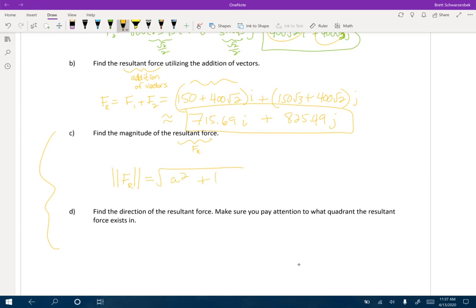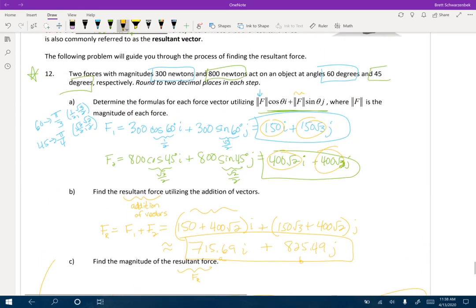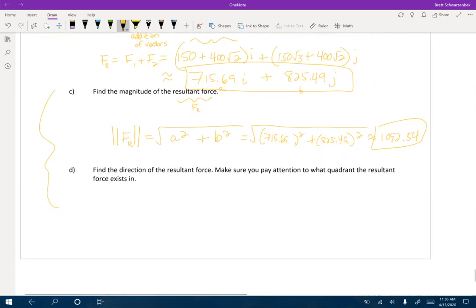In this problem, we have a and b right here, so we're going to do the square root of 715.69 squared plus 825.49 squared, which is going to give us approximately 1092.54, and that will be our resultant force for our problem. This is in newtons.